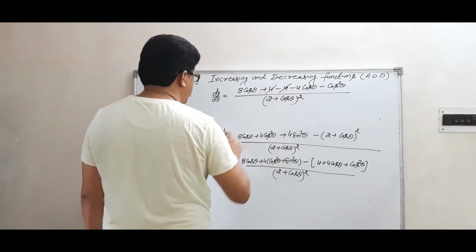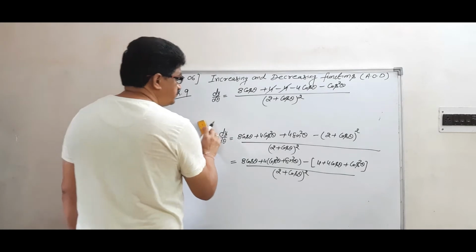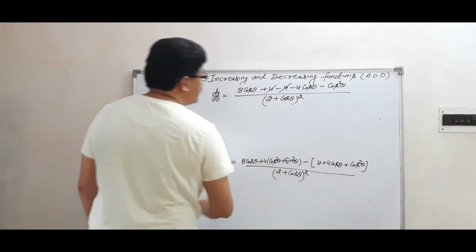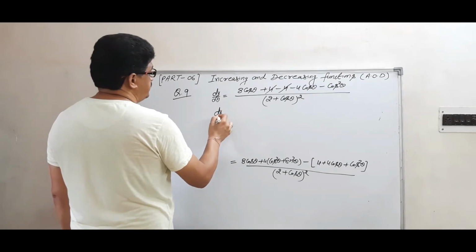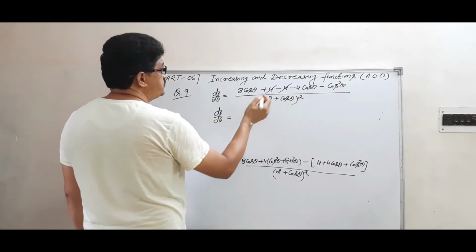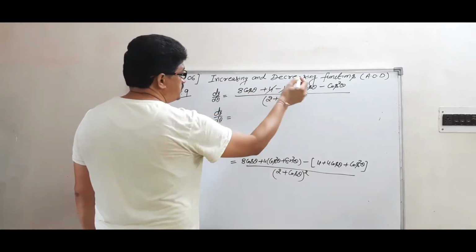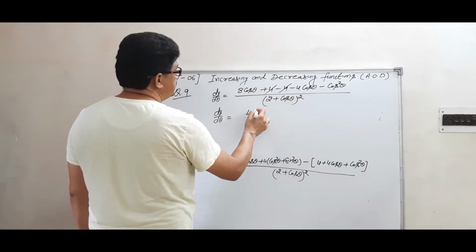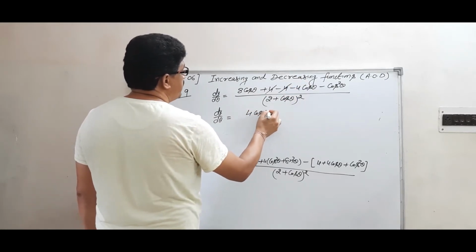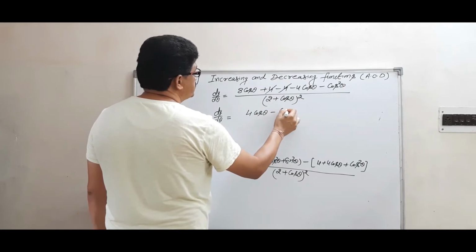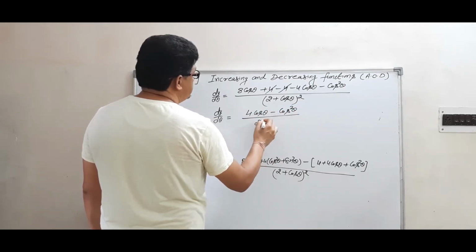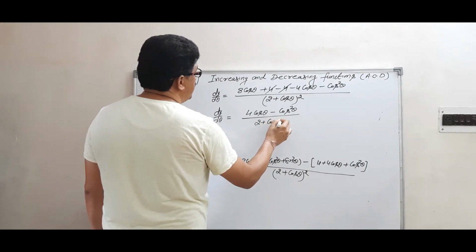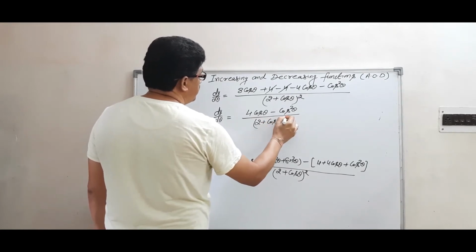Minus 4 and plus 4 cancel. dy by d theta is equal to 8 cos theta minus 4 cos theta is 4 cos theta, minus cos square theta, upon 2 plus cos theta whole square.